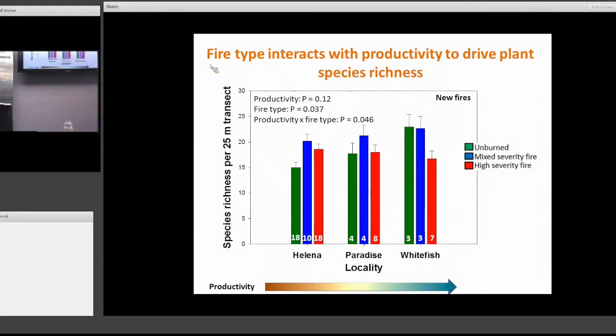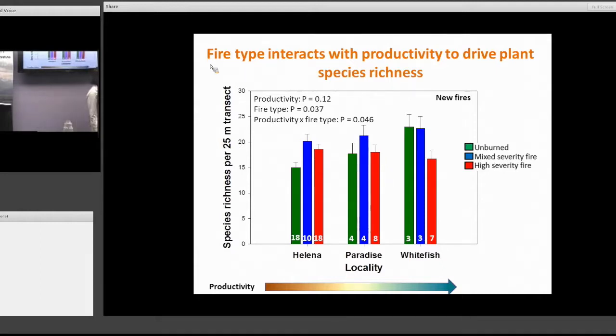The white numbers are the number of replicates that we've processed so far. So Helena has been completed a lot more than, say, these other ones over here. Despite that, looking at new fires, you can see that there's a trend in the direction that we expected, with more species at higher productivity.